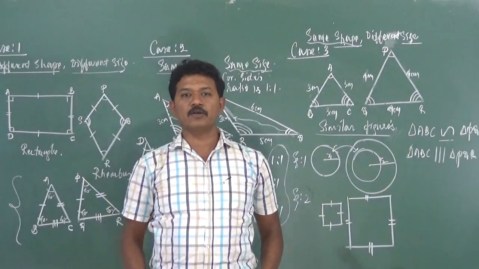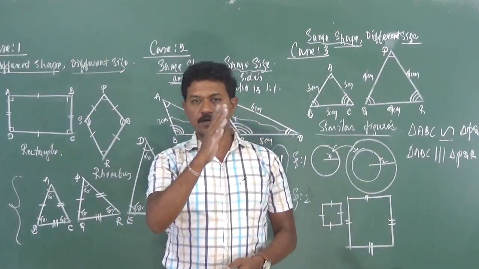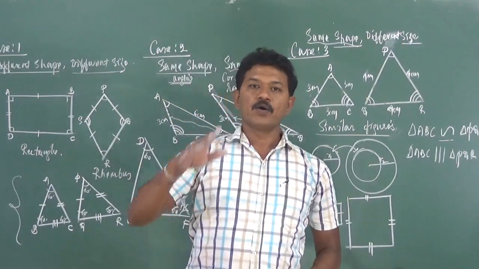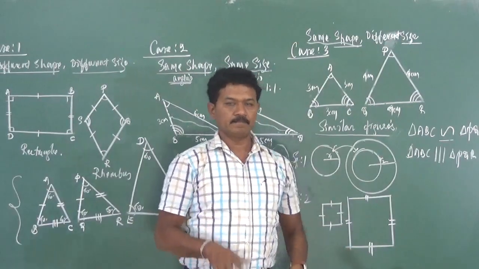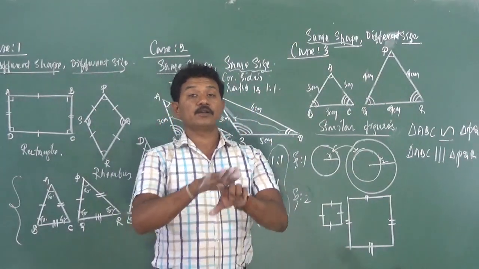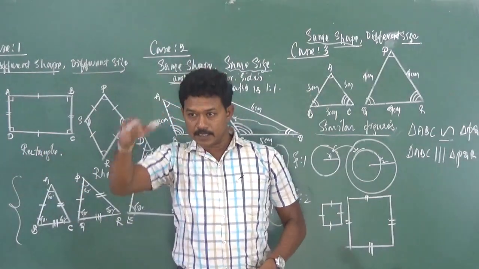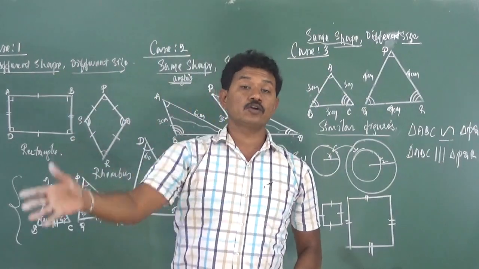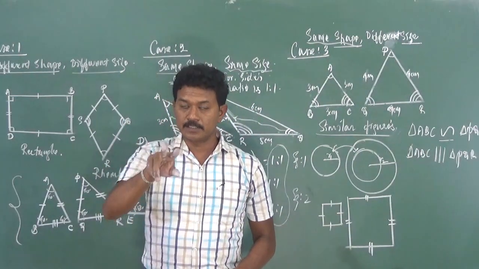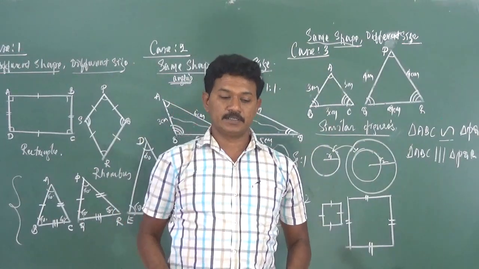A polygon is a closed figure bounded by 3 or more line segments which are coplanar. So all the line segments are on the same plane, they are coplanar and they are non-collinear. They are not one beside the other. They have cut, they have bent. So they are coplanar, non-collinear, and the line segments meet each other at their endpoints.